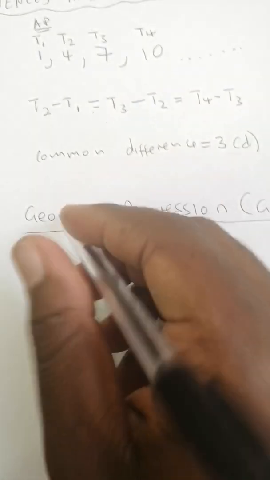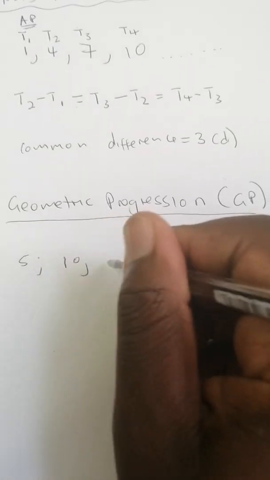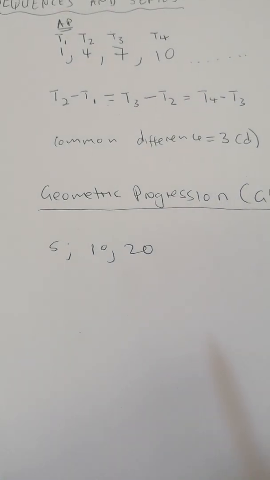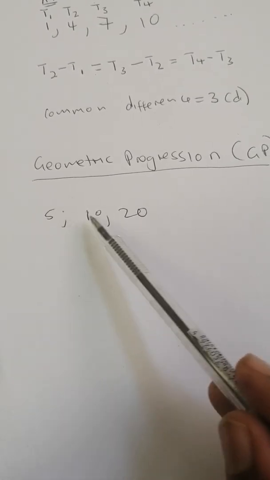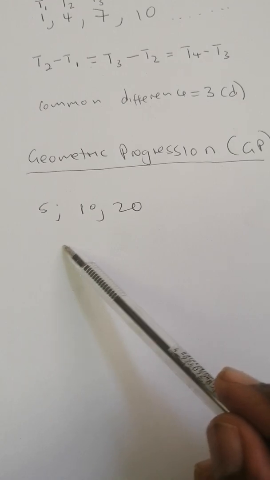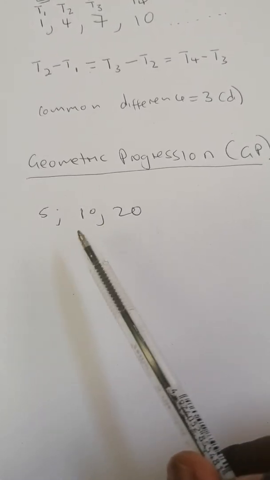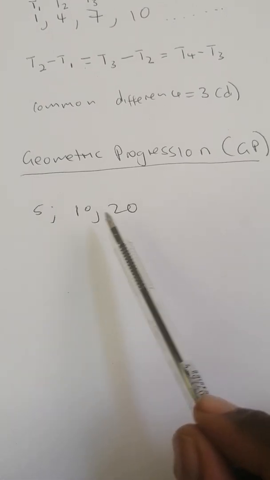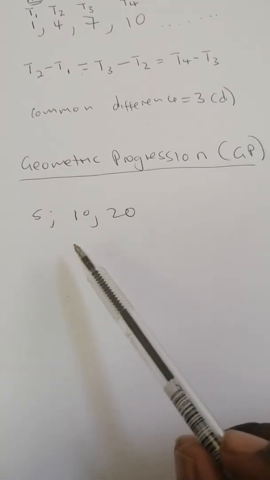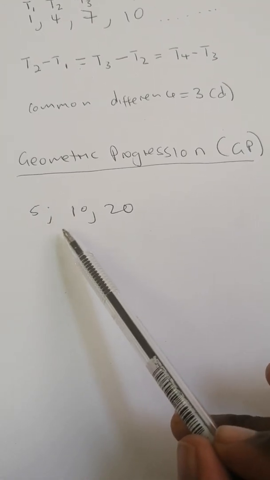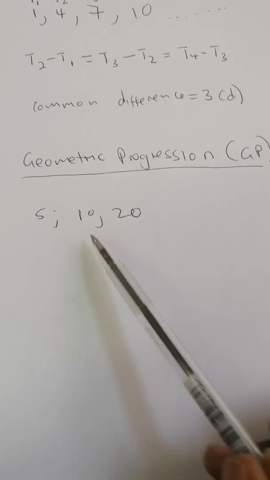For example, you have 5, you have 10, you have a 20. If you subtract, 10 minus 5 is 5, 20 minus 10 is 10. So you see arithmetic progression is off already because there's no common difference. Since arithmetic progression cannot work, you can quickly think of the GP.